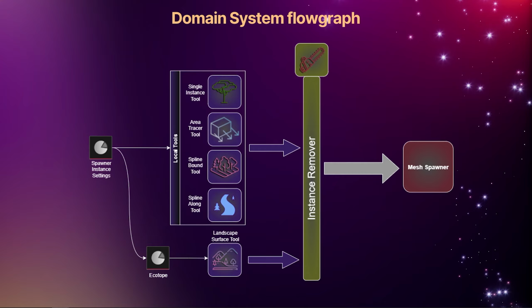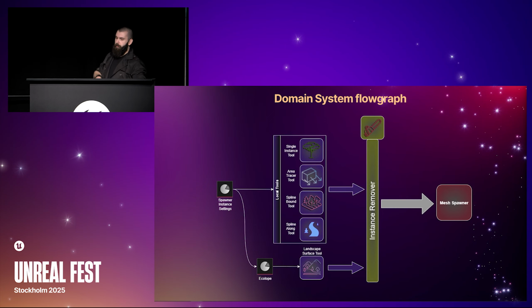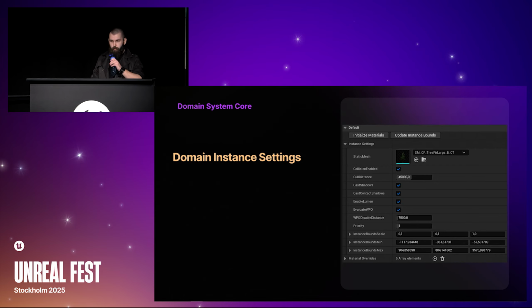Then they are all fed by a single main data type and another data type that's being specifically used for the global tool. And all those points that are generated by those tools are going through a so-called global filter, of which we only have one, and all those filtered points are going into the mesh spawner, which then spawns those points and meshes on those points.